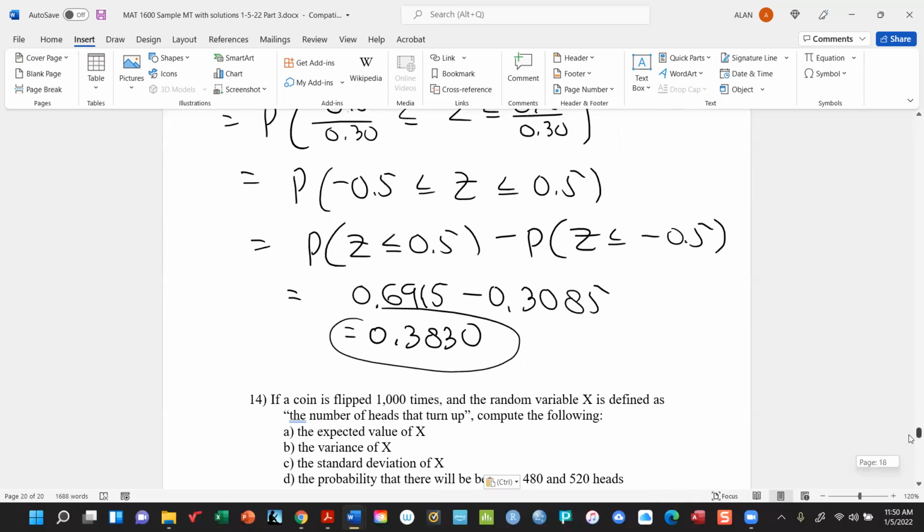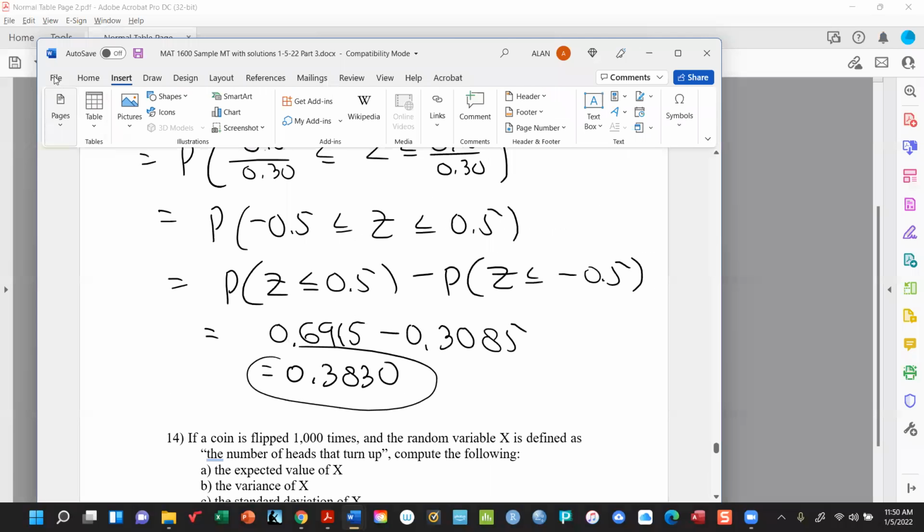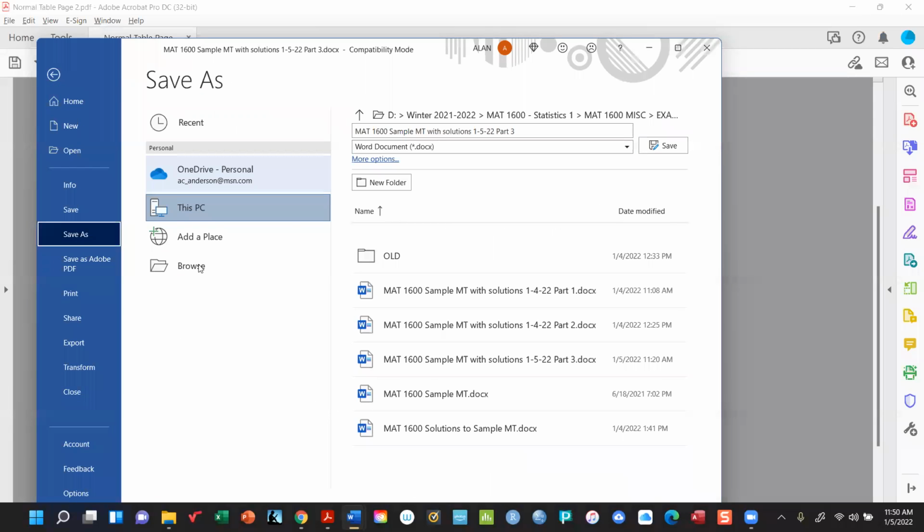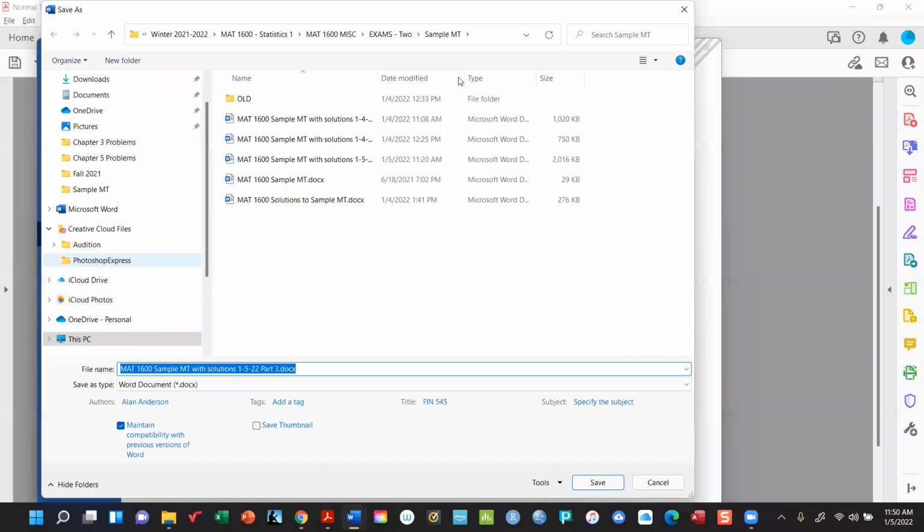So here's what I'm going to have to do. Unfortunately, I already called this part 3. Oh, for God's sake. All right, what I'm going to do is see if I can save this as part 4 as well.